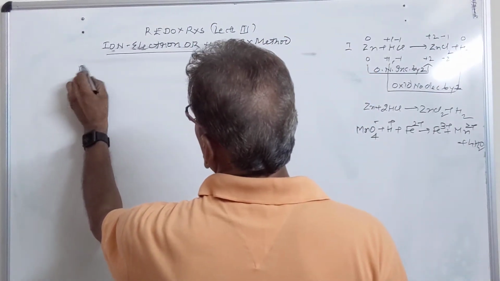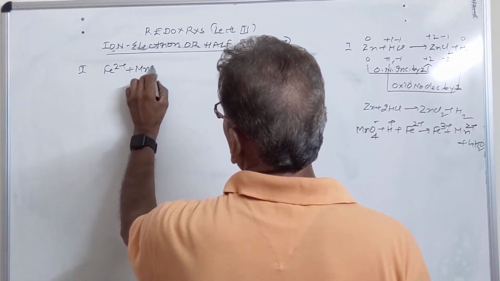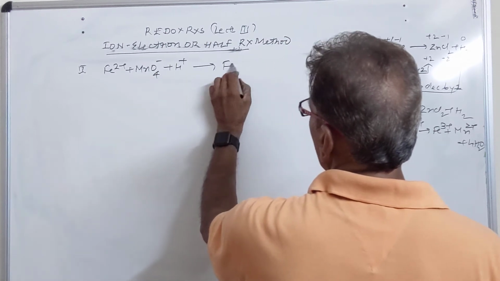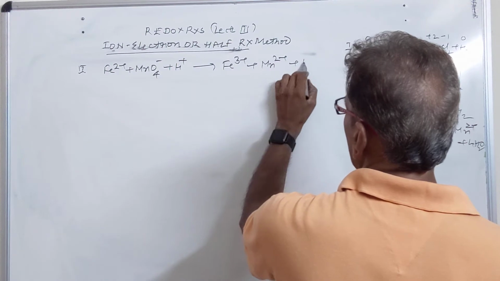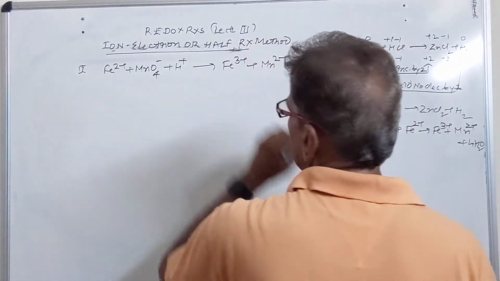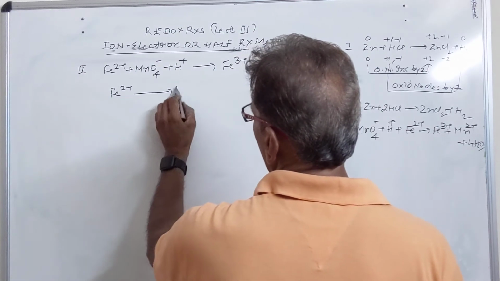So this is our second reaction. Fe2 positive ion combined with MnO4 negative in the presence of H positive to give you Fe3 positive ion, Mn2 positive ion, and water here. So in this case, iron is changing oxidation number. Let us bring it separately.